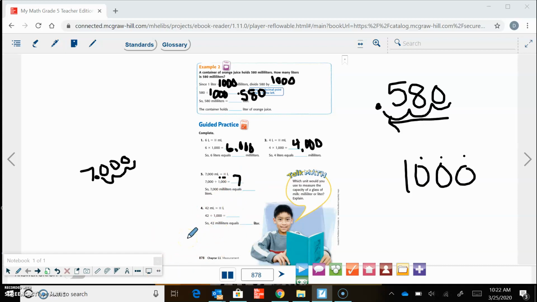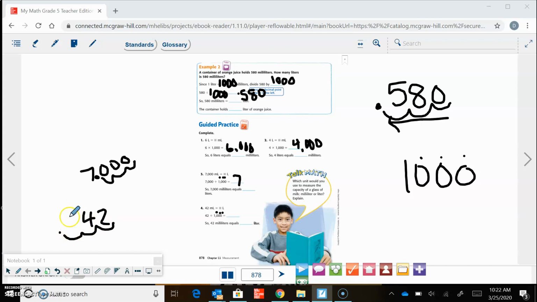All right, number 4. 42 milliliters is how many liters? That is fly to horse, divide, of course. So 42, I'm going to put my decimal point at the end, and I'm moving 1, 2, 3 places to the left. 1, 2, 3.